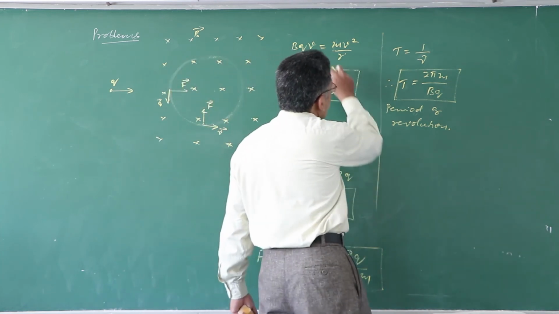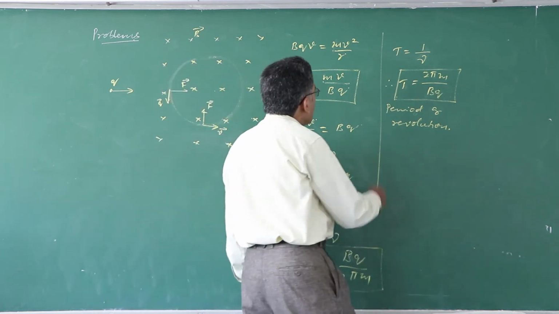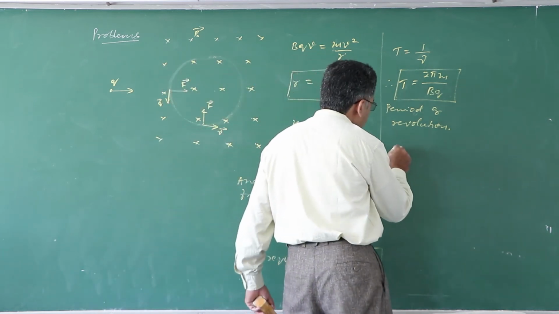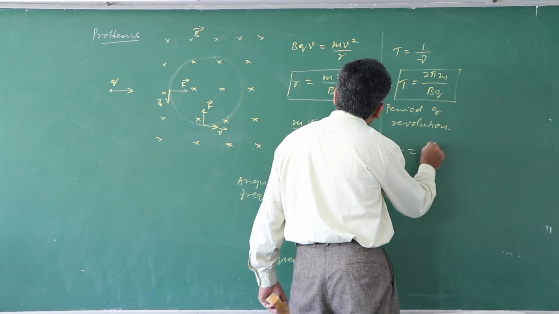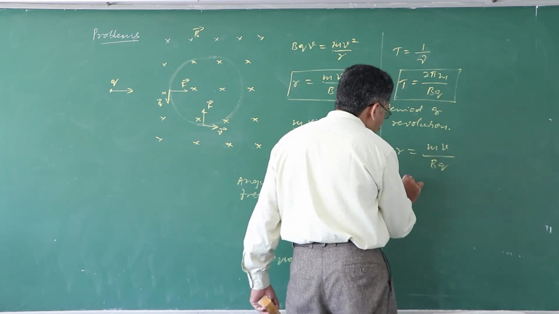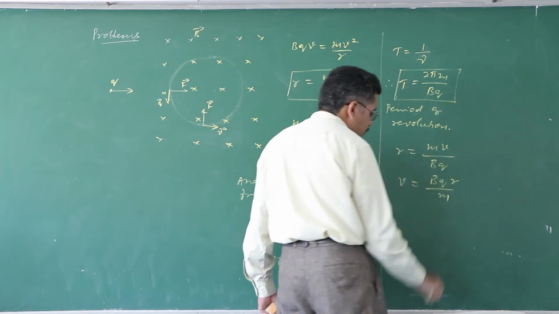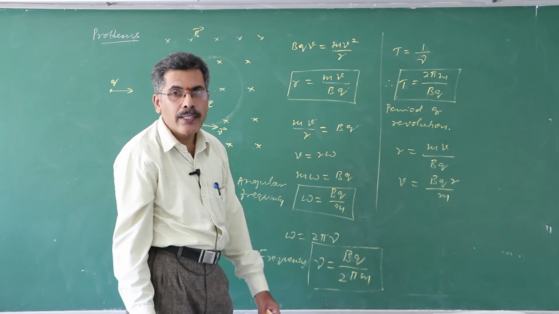From this equation we can also find an expression for kinetic energy. How? We can write the equation for V. R is equal to m into V by BQ, or V is equal to BQR divided by m.